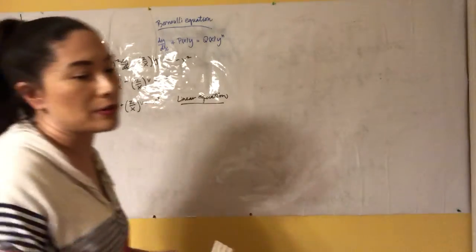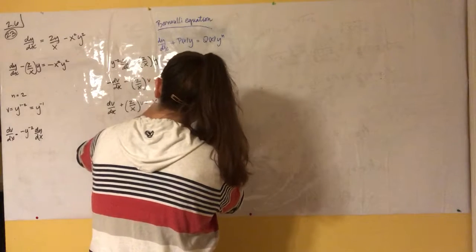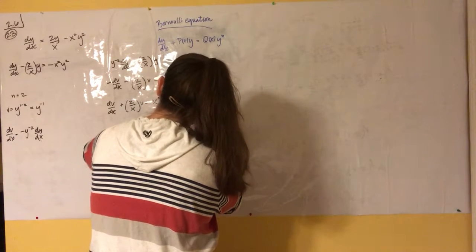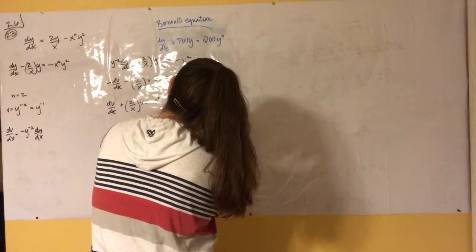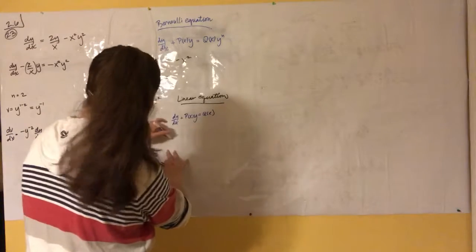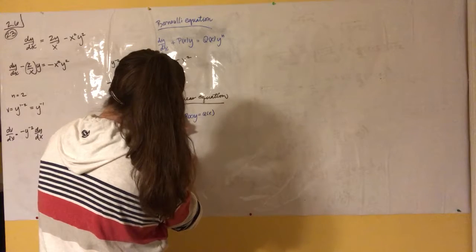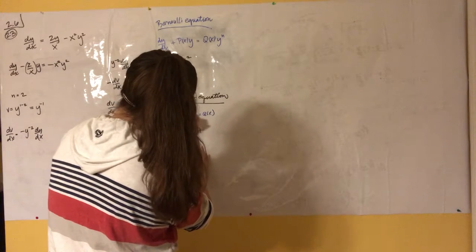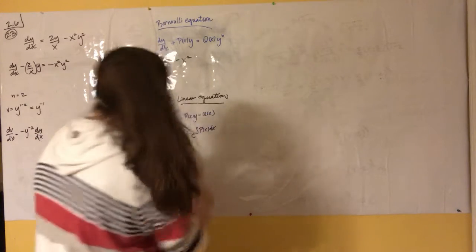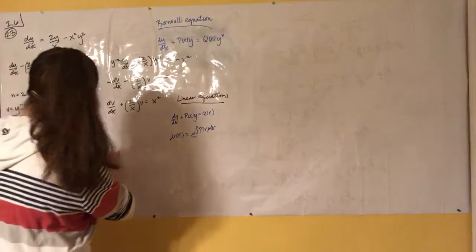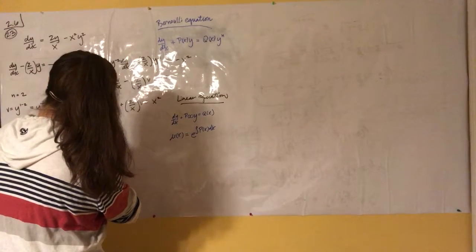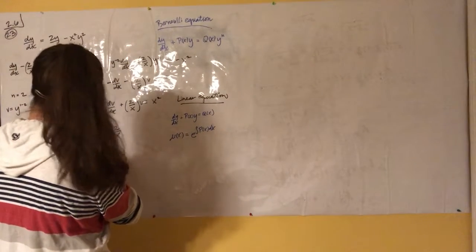And you remember a linear equation is set up like this. And remember, you had to find that integrating factor, which is going to be e to the power of the integral of p(x) dx, right? Okay. So our p of x is equal to 2 over x, right?